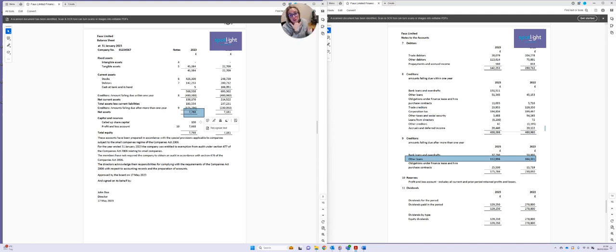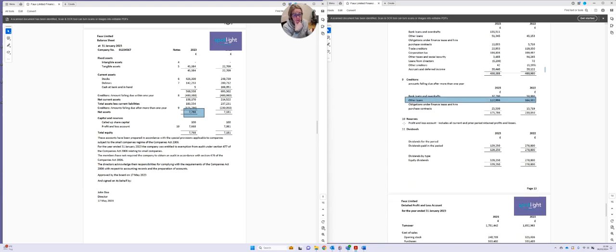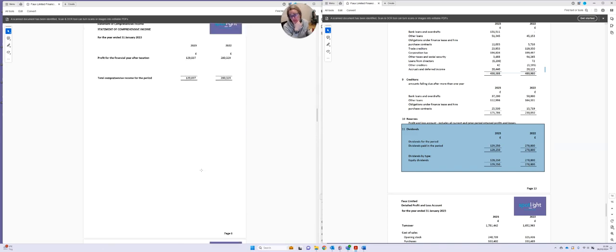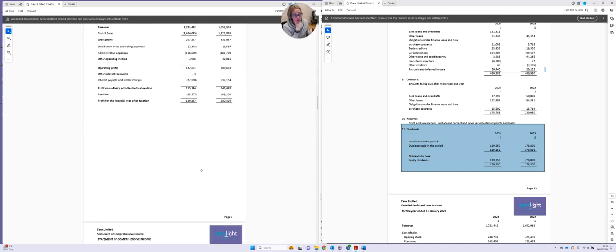The other note that just to look at from an interpretation point of view is dividends. If you look at the dividends in the year, there was 129,250 taken this year and 278,800 last year. If you look at your profit before tax, they've basically taken all the money they've made this year out as dividends.